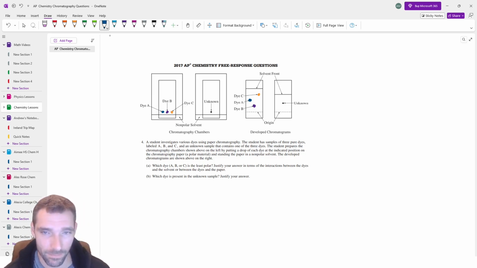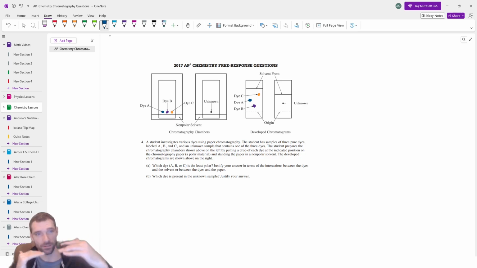But because the solvent fronts are a bit different, that means that one of these has been in the solution a bit longer than the other. So if the front's higher up, you've had more time with the solvent climbing up the paper, which means you can't just look at the height to see, oh, this is that compound. You have to look at what fraction it's gone up.